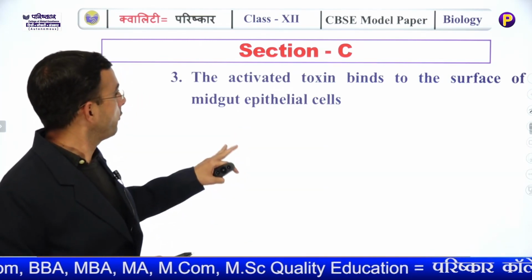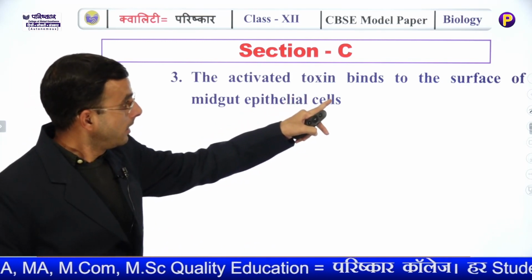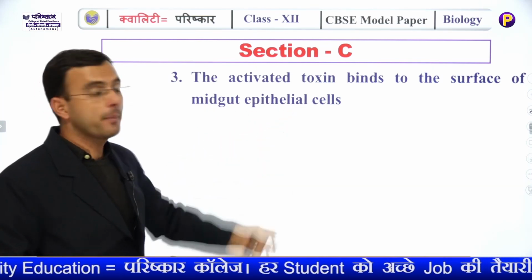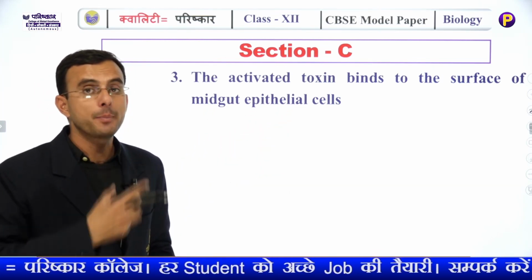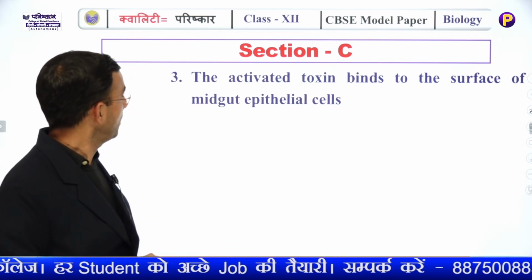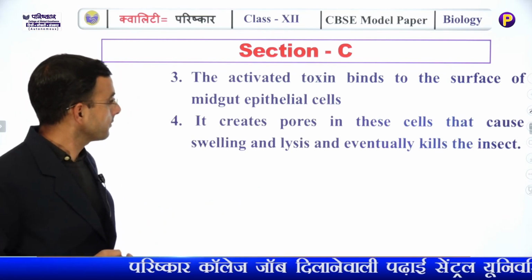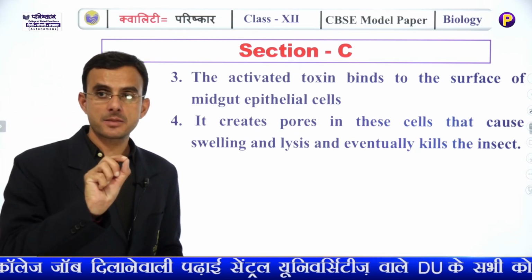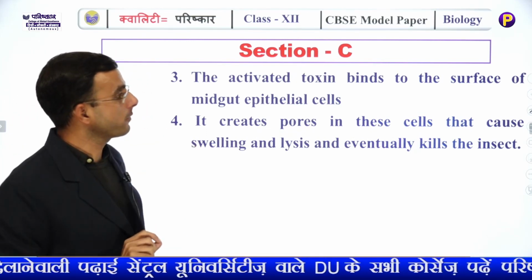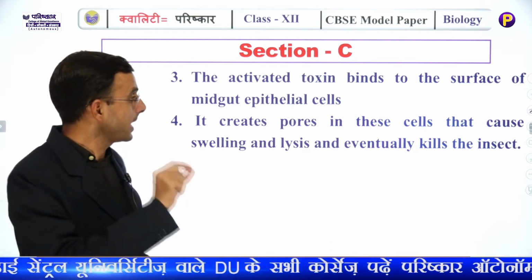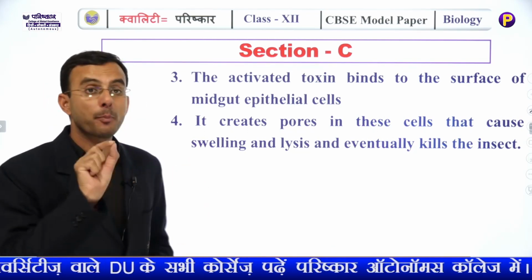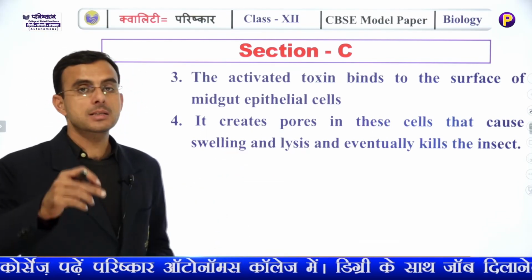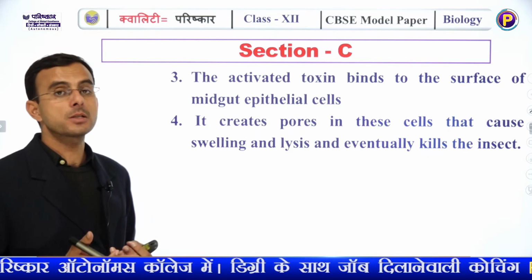That active form is able to bind with the epithelial cells of the midgut. After this, look at the fourth point: it creates pores in the epithelial cells. This activated form of Bt toxin binds there and creates pores in the epithelial cells, so that kills the insect.